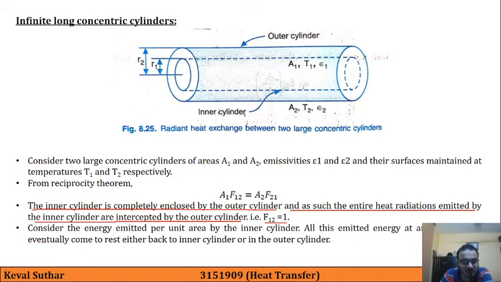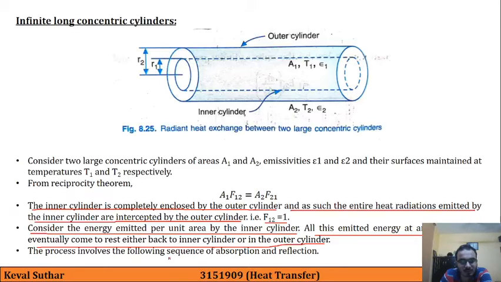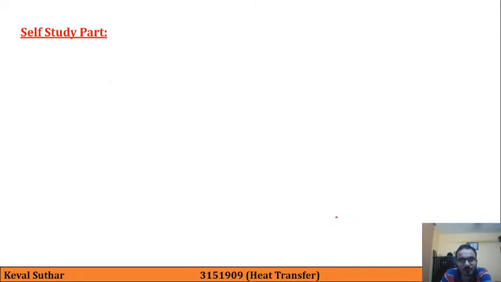Now consider the energy emitted per unit area by the inner cylinder. All this emitted energy at any instant will eventually come to rest either back to inner cylinder or into the outer cylinder. This process involves following sequence of absorption and reflection. Now we will analyze this part.